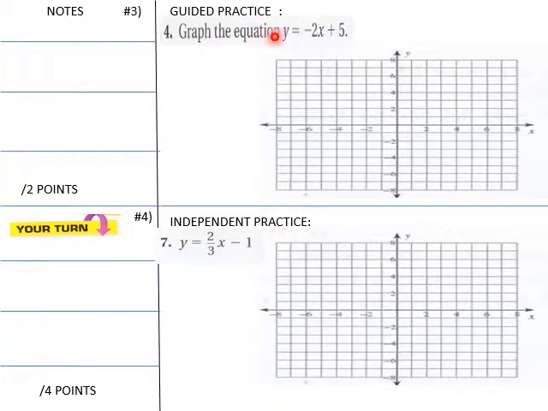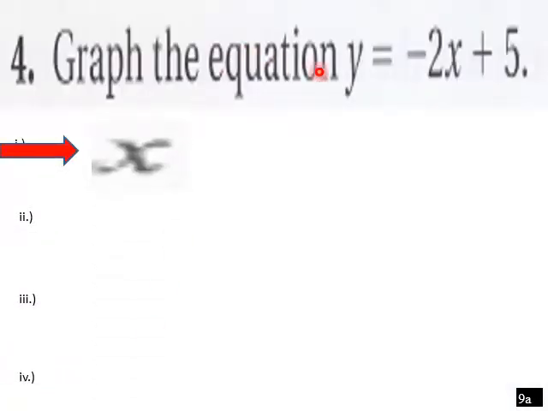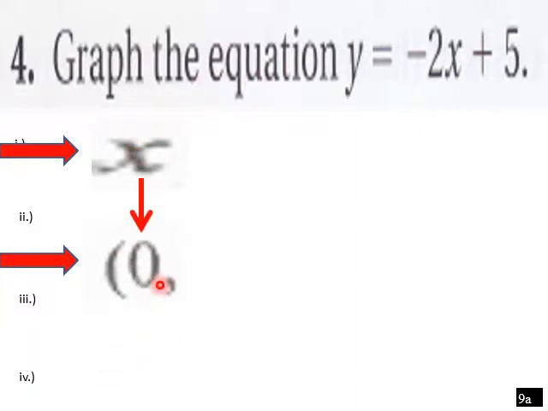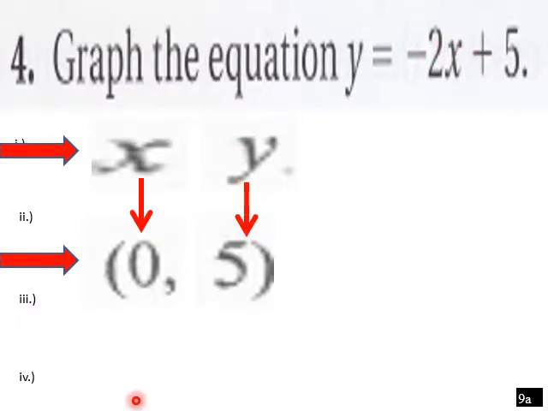Guided practice. Graph the equation y equals negative 2x plus 5. So graph the equation y equals negative 2x plus 5, x and then 0. So when x is 0, what's y equal? Y equals 5. So when x equals 0, y equals 5.